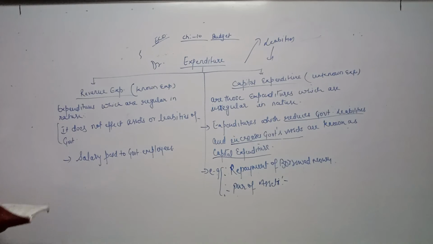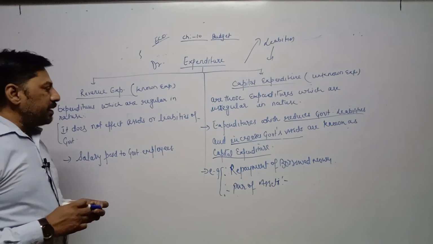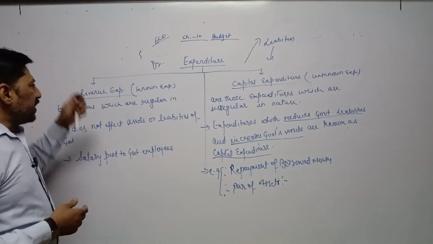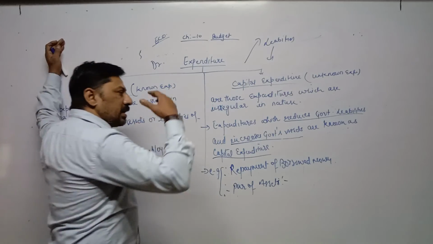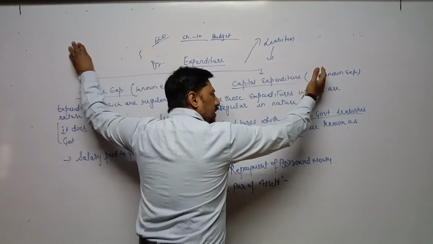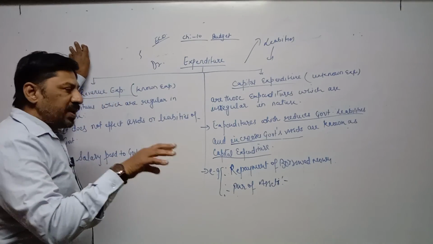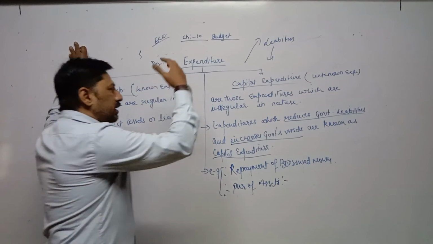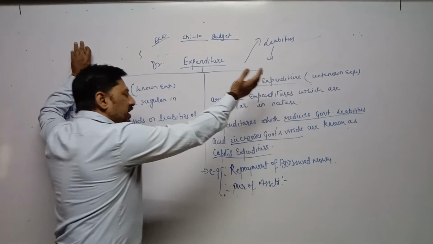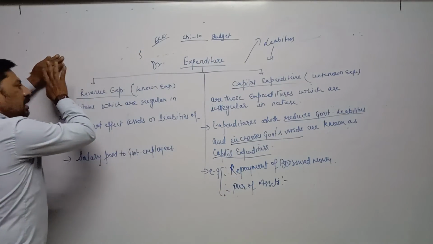Once again, the budget is based on the principle of double entry bookkeeping. It has two sides. One is the debit side, the other is the credit side. The credit side is considered as income, meaning all types of income will be shown on the credit side, and all types of expenditure will be shown on the debit side.